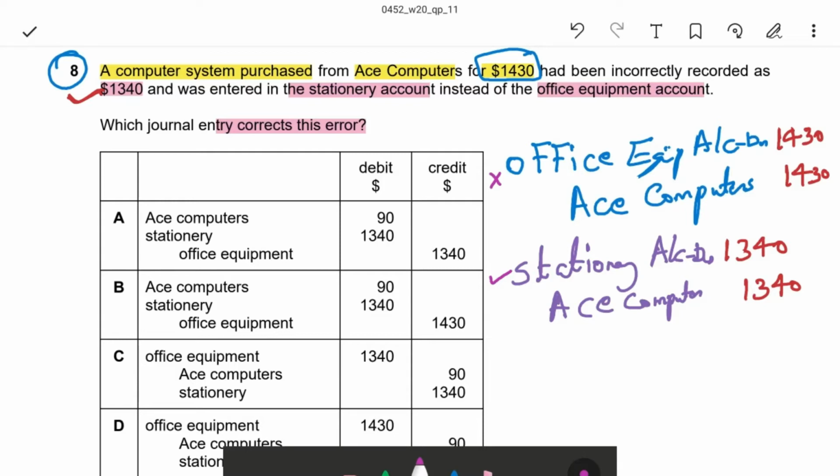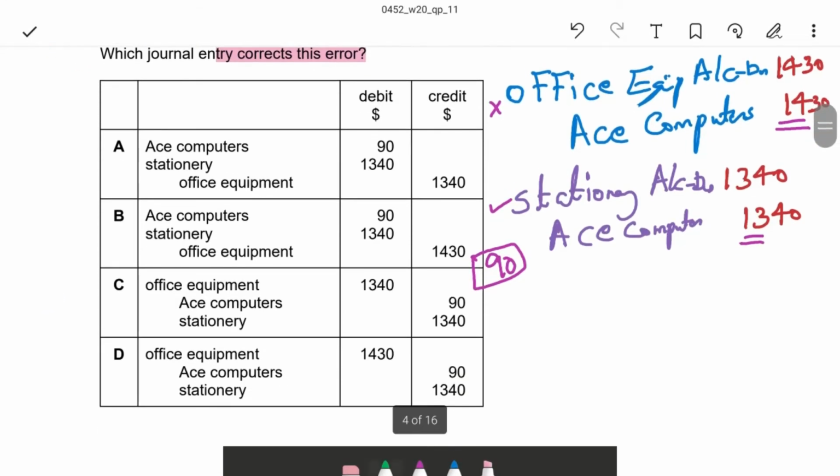Second, Ace Computers' actual amount is 1,430, but they entered only 1,340, which is understated. The difference 1,430 minus 1,340 is 90, which again must be entered in Ace Computers on the credit side.